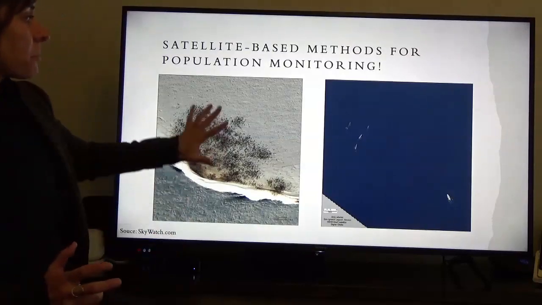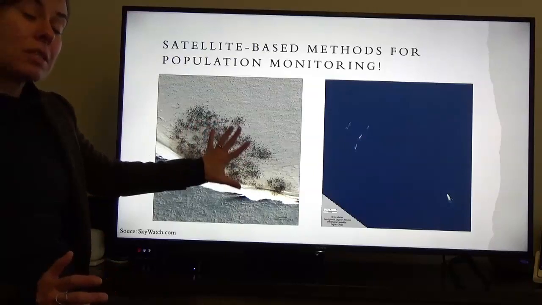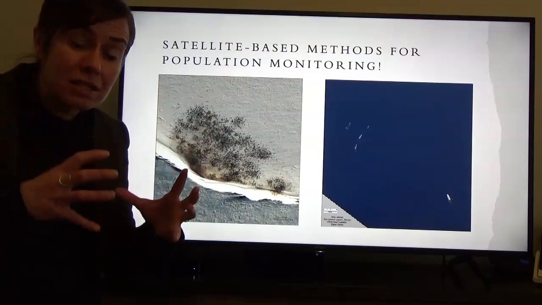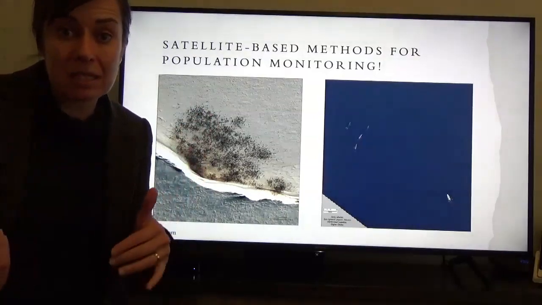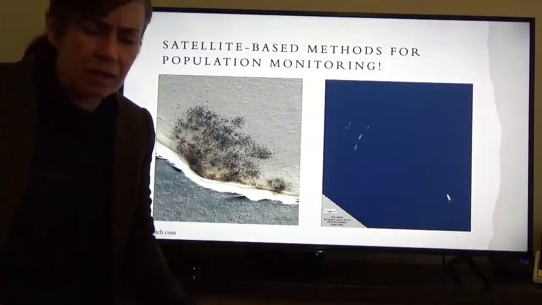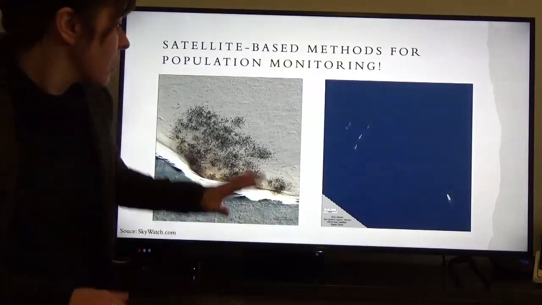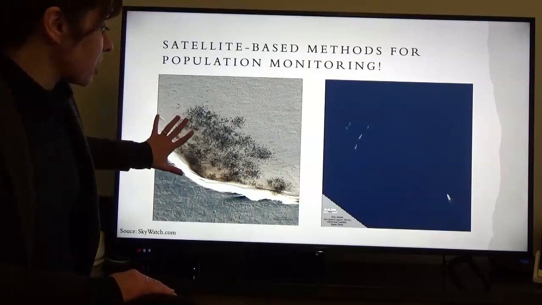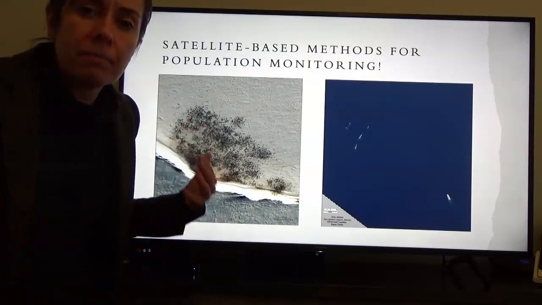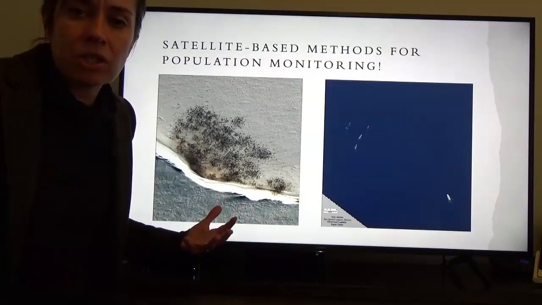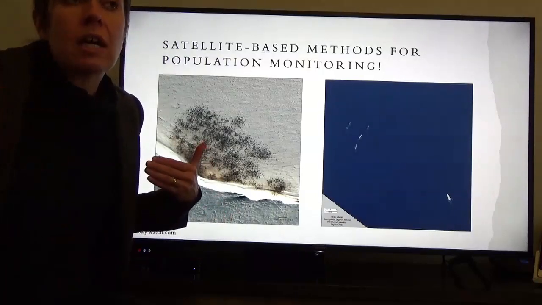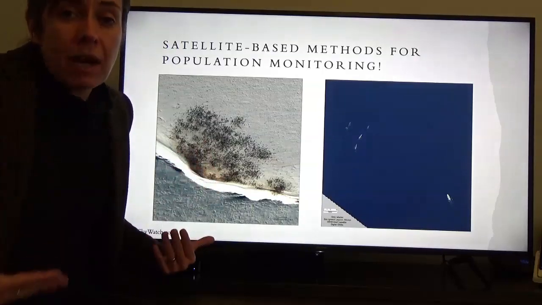So with some species, with some populations, we start to be able to use the same kinds of methods that we use for area-based estimates when we're walking through the forest and putting down our quadrats or doing our transects, but using satellite imagery and getting information about a much larger proportion of the population or much larger geographic extents that maybe you couldn't get these estimates for if you were on the ground, for example.